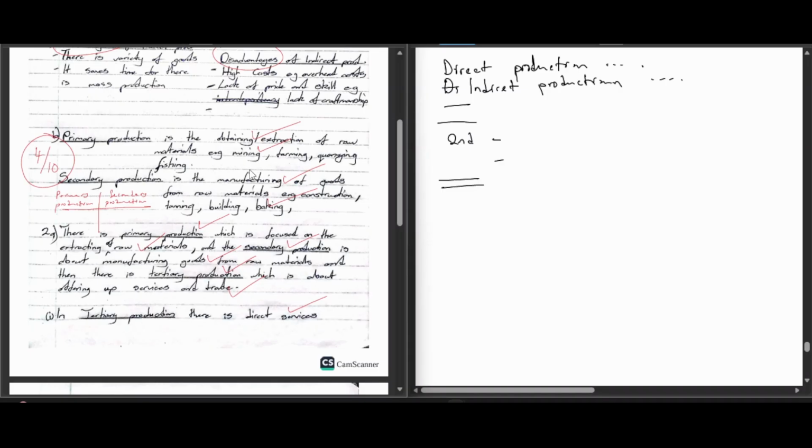Then on 1B you did well, like you gave us the definition of primary production and the definition of secondary production.